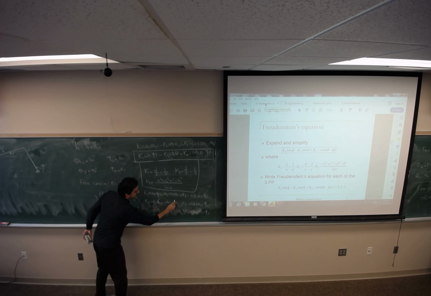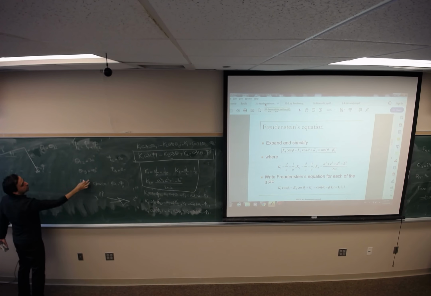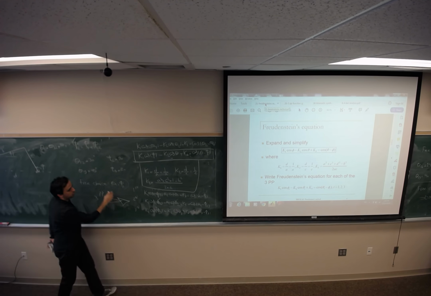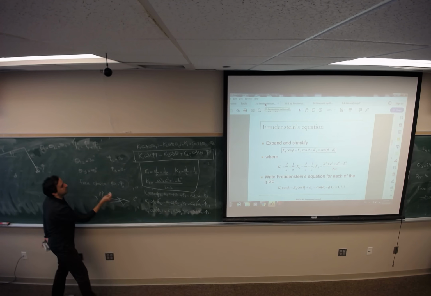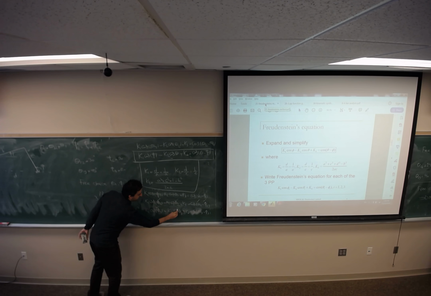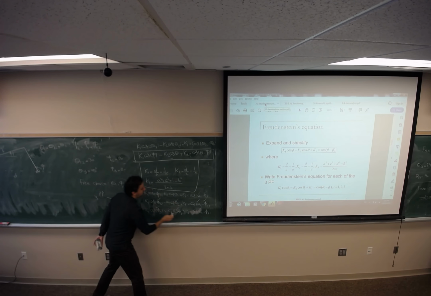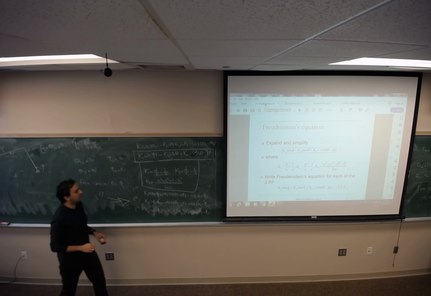Similarly for theta 2: theta 12, which is given, plus theta 1, which is a free choice. For phi3, you have phi13, so you can find phi3 and theta 3. So everything except K1, K2, and K3 is now known, and you can solve for K1, K2, and K3.